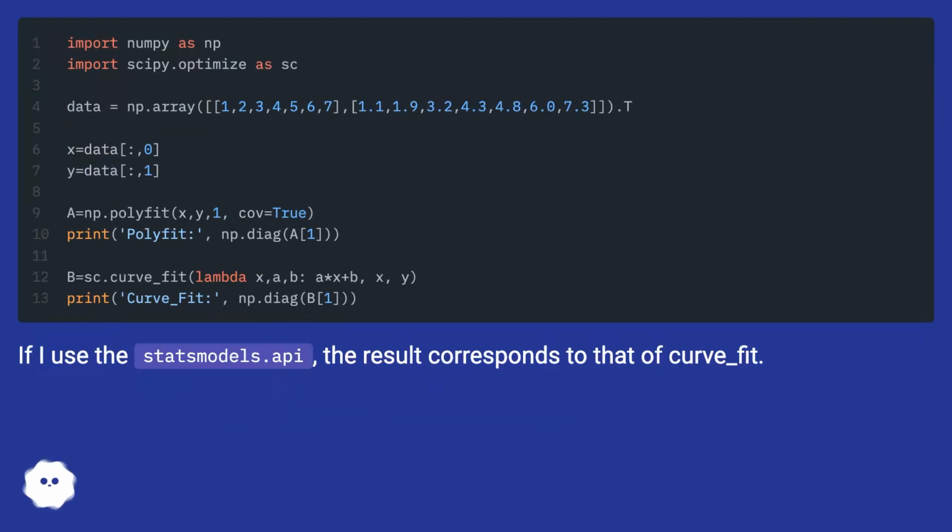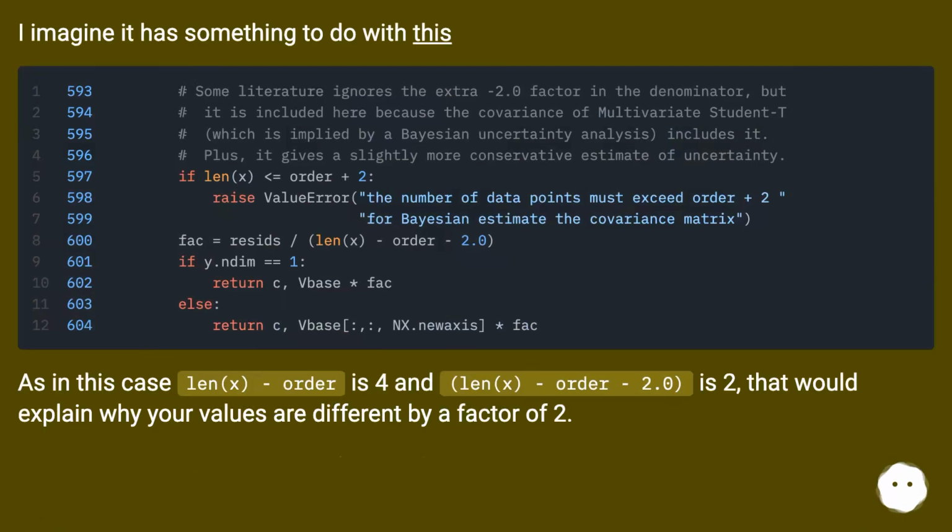If I use statsmodels.api, the result corresponds to that of curve_fit. I imagine it has something to do with this.